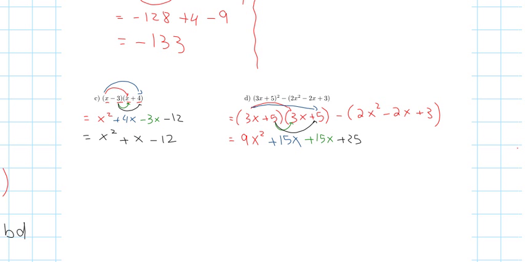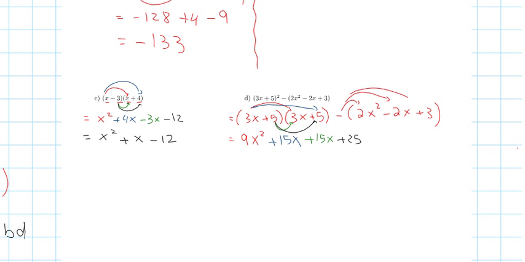Okay. Now for the second part, what you see here is a negative that's preceding a bracket. So that negative is going to affect everything inside the bracket right after. That negative is going to be multiplied by each term inside the bracket.